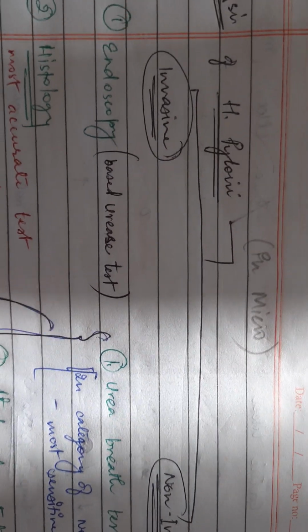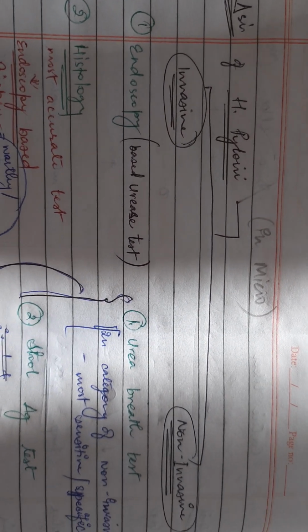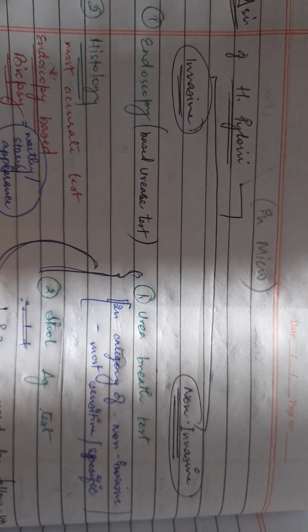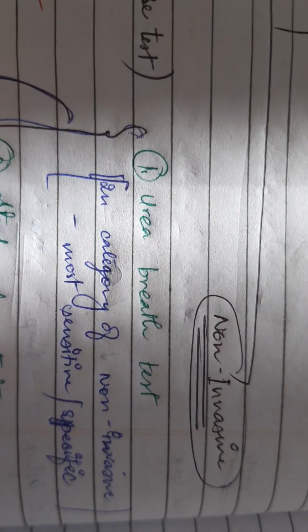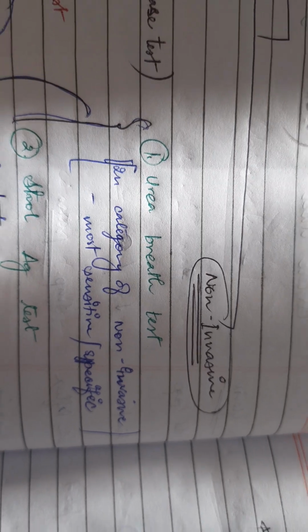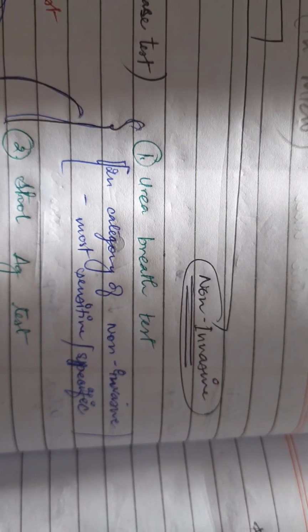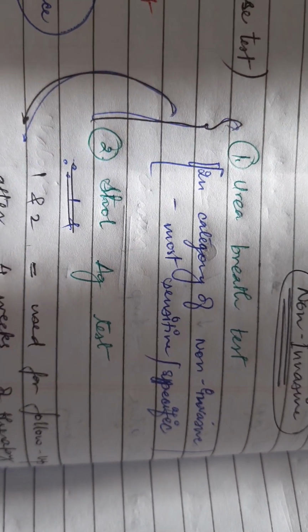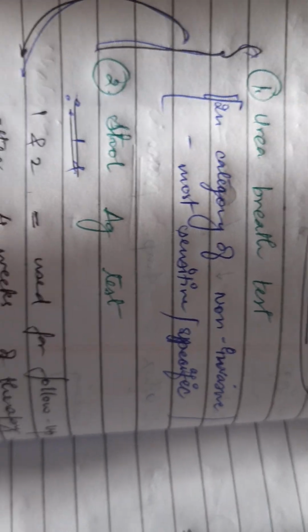Then diagnosis of H. pylori is of two types: invasive and non-invasive. In non-invasive, first we see the urea breath test. In the category of non-invasive, it is the most sensitive and specific test. Then second is the stool antigen test.